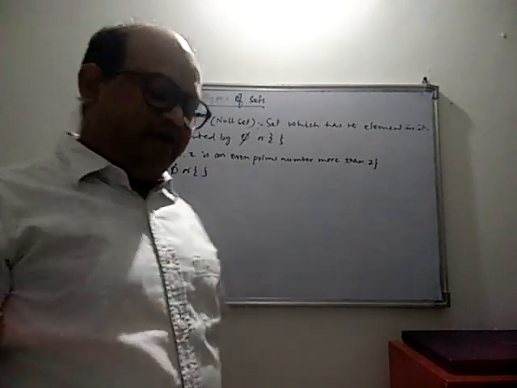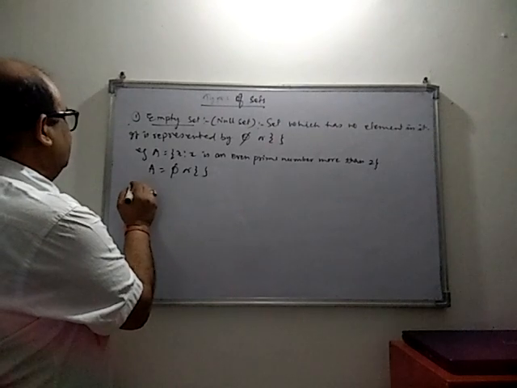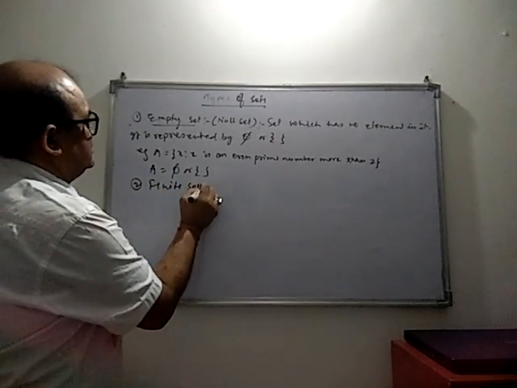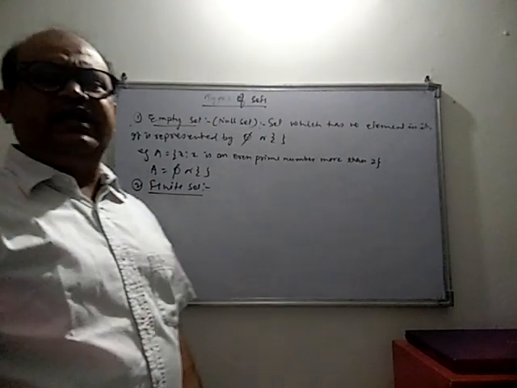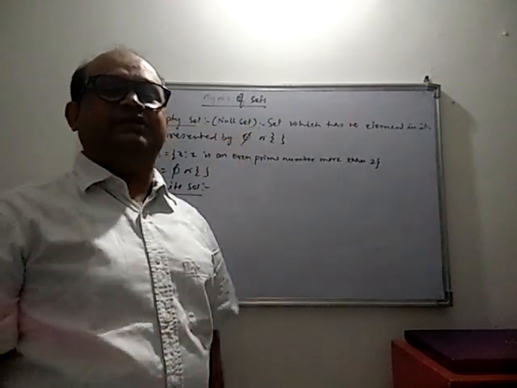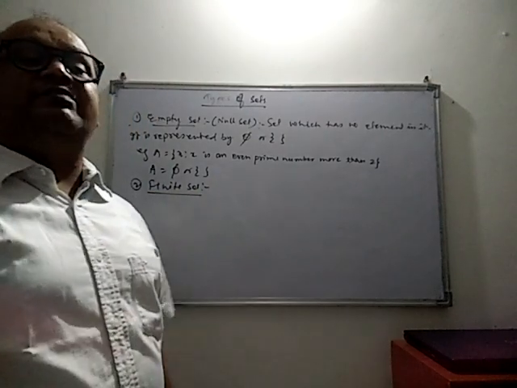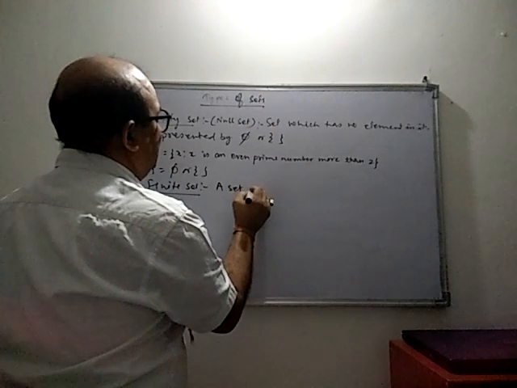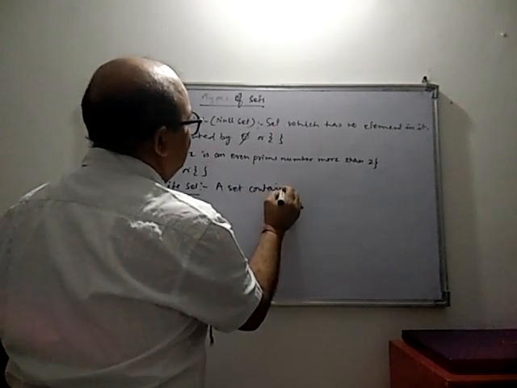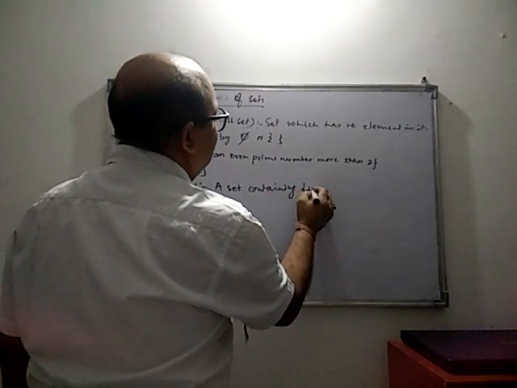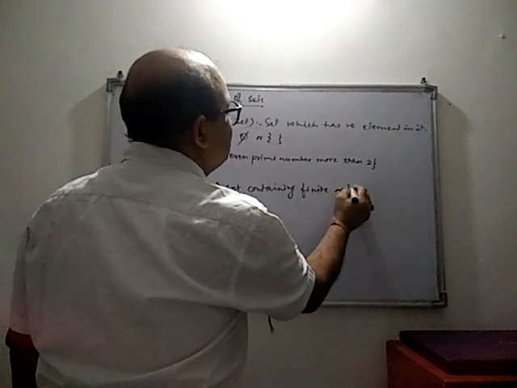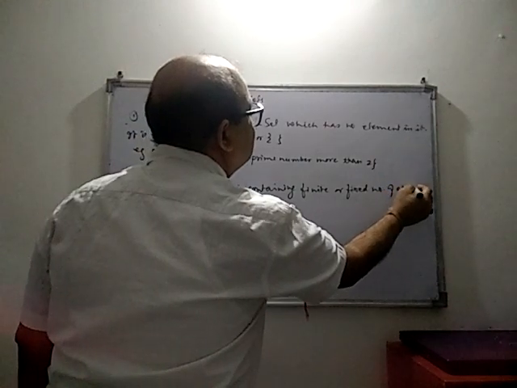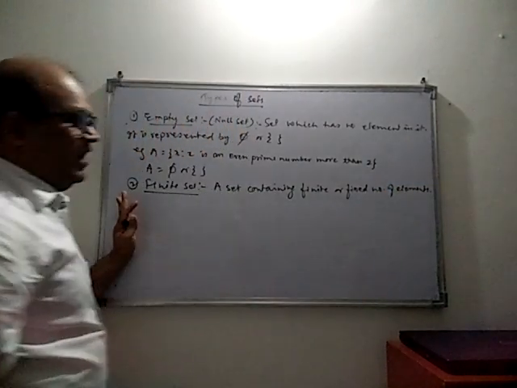Now the next set is the finite set. This is a set containing a finite number of elements, that is, a fixed number of elements which can be counted. A set containing a finite or fixed number of elements is called a finite set.